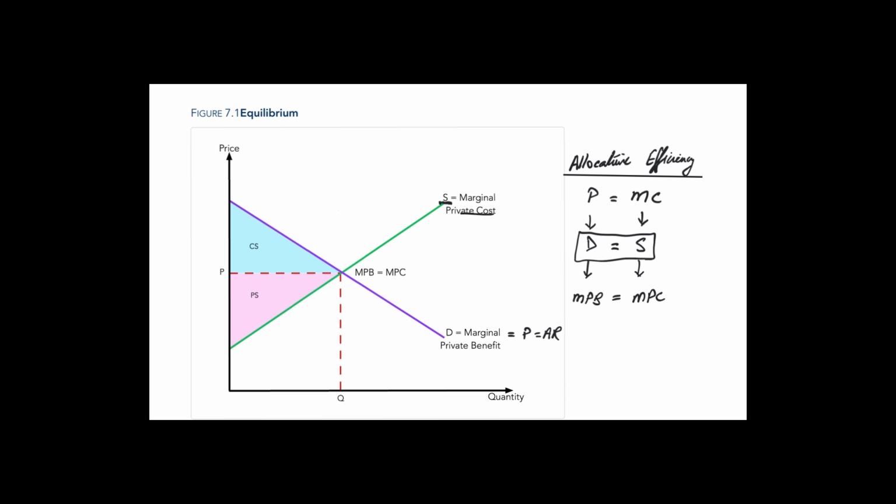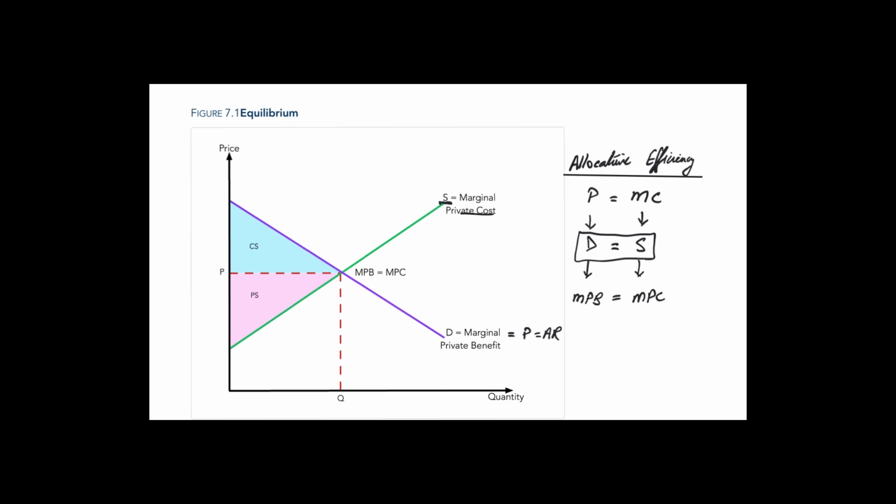So from the rational consumer's perspective, the market is producing at the best price, producing the best quantity. There is no excessive shortage or surplus, nothing.